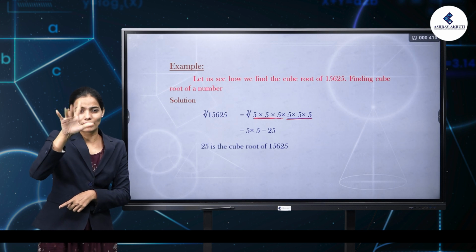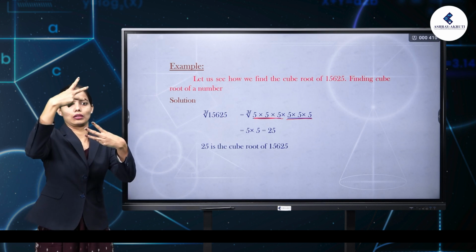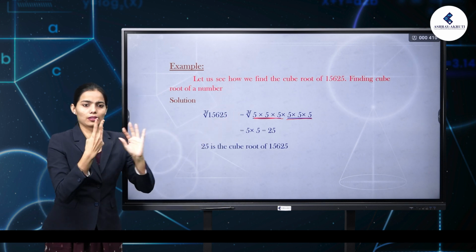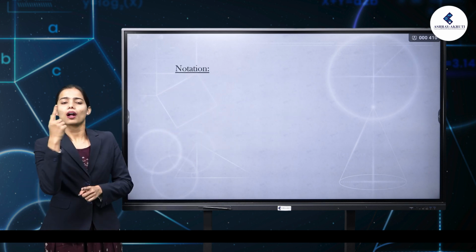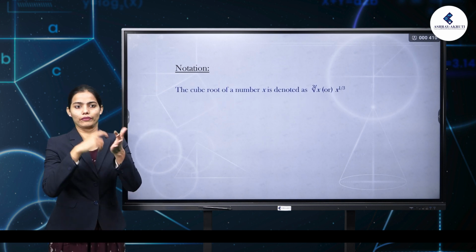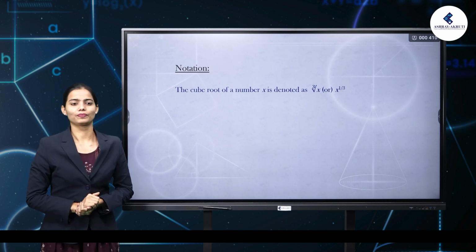Twenty-five is the cube root of 15,625. Notation. The cube root of number x is denoted as cube root x or x power 1 by 3.